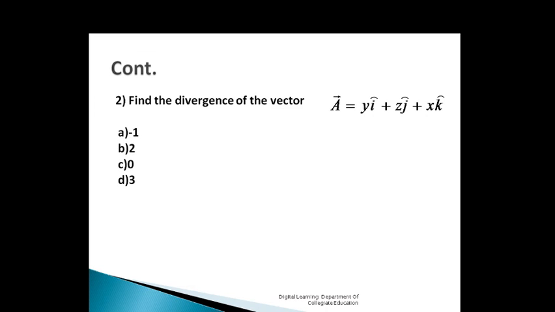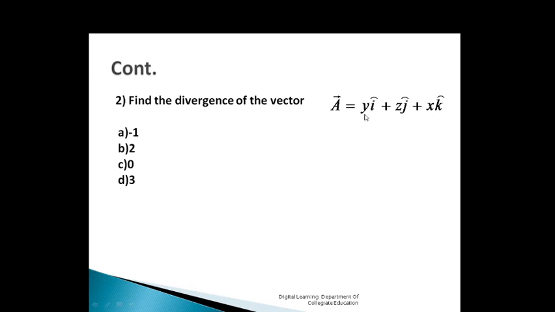Next question, find the divergence of a vector. Del dot A equals del dot (y i cap plus z j cap plus x k cap).